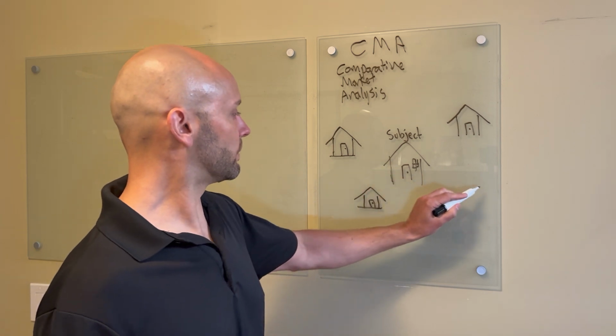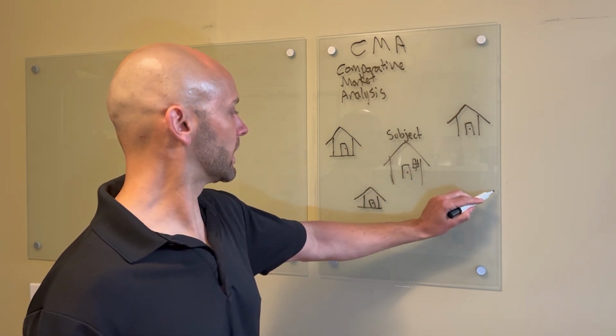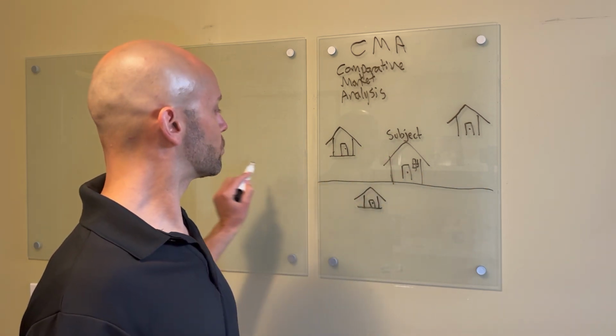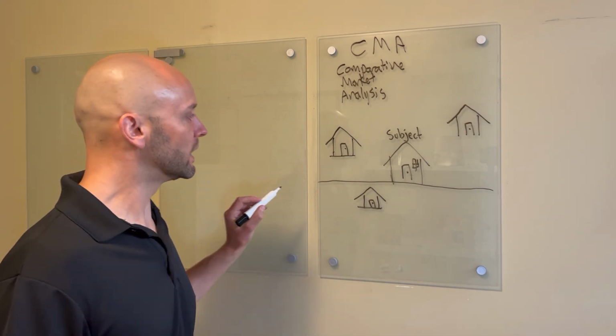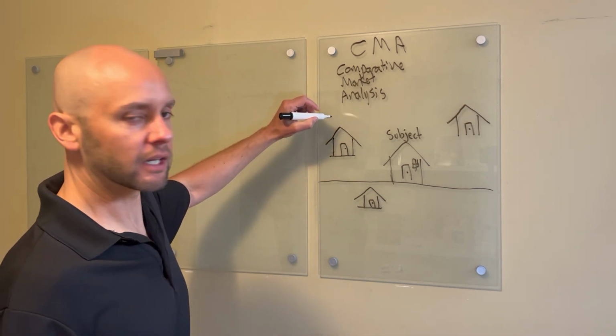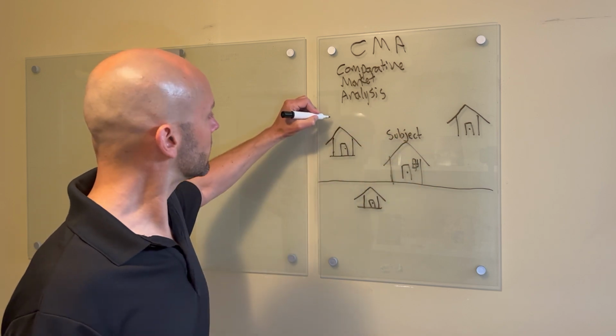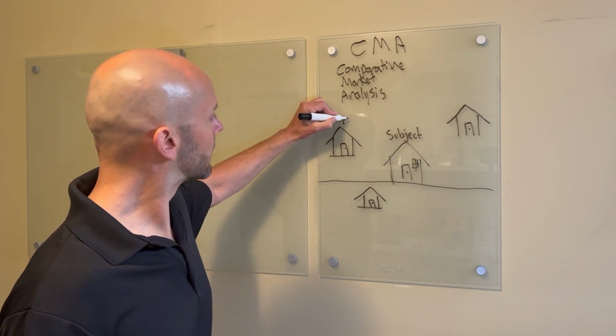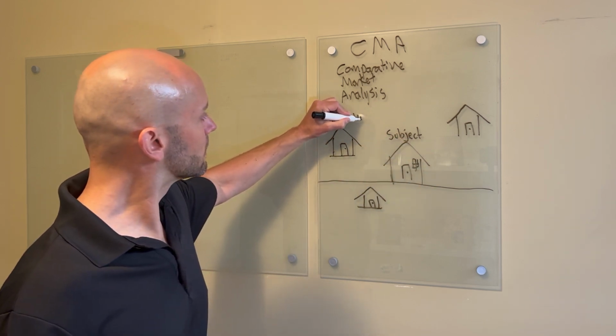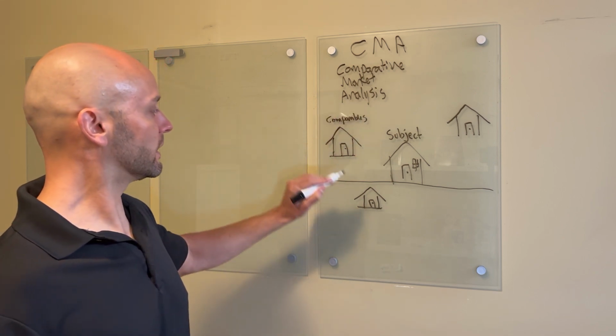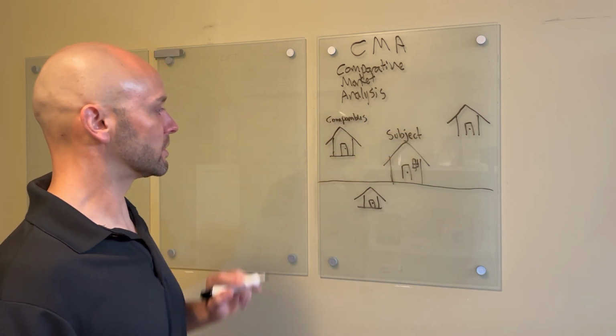So we have our subject property here, and what we're going to do is take our comparables and bring these in line with our subject property.